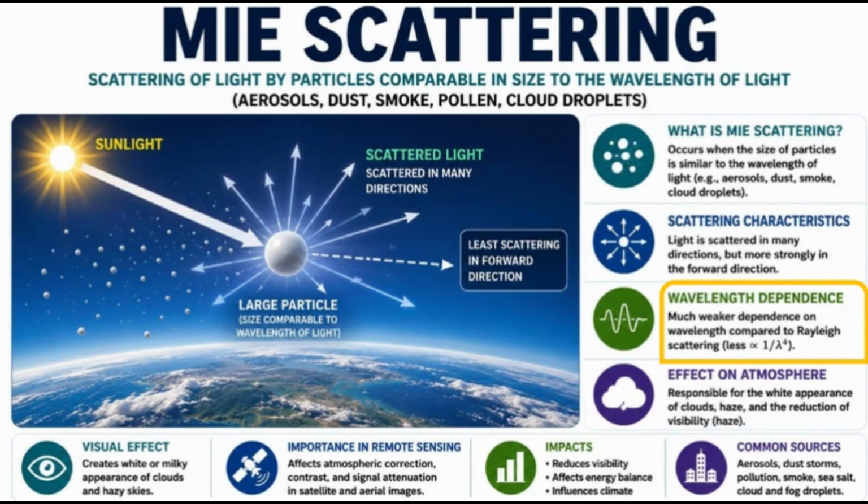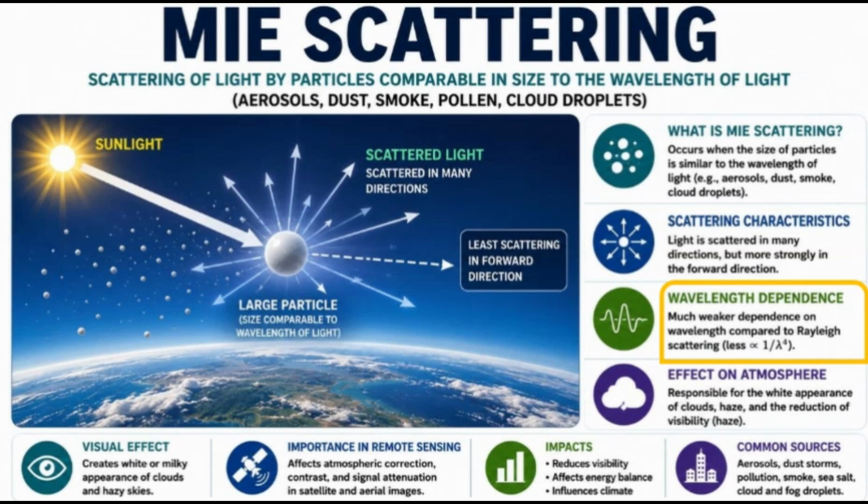That is why it is known as the non-selective or the wavelength independent scattering. This form of scattering is responsible for the white or gray appearance of clouds, fog, and haze. This is because all colors of visible light are scattered equally. And when this happens, in most cases, what you have is the white effect because the combination of all the colors in the electromagnetic spectrum gives you that white effect.